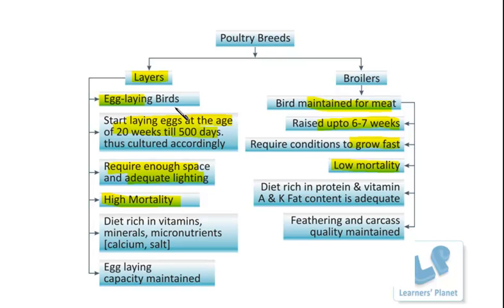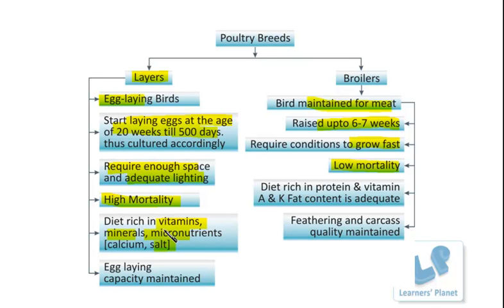Now in the case of layers, a special diet is provided which is especially rich in vitamins, minerals, micronutrients, and so many other types also. But especially the calcium and salt levels are maintained in the feeds of the layers. The reason is, see, if initially the health is to be maintained, right?